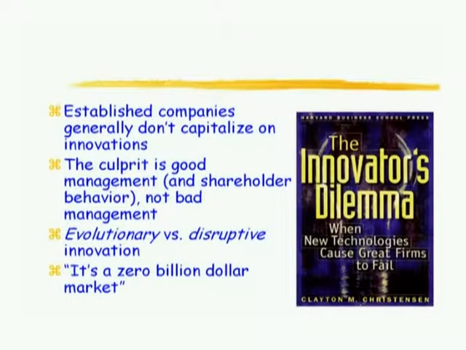Why might companies be reluctant to invest in R&D that looks more than one cycle out? You know, again, this is a book that I'm sure all of you have read since this is largely a business audience, okay? And, you know, I think it's a $0 billion market problem. All right? If you're going to invest in R&D that looks more than one product cycle out, you have to believe that there is a fairly large chance that you're going to be the company that manages to appropriate that, to turn it into successful products.